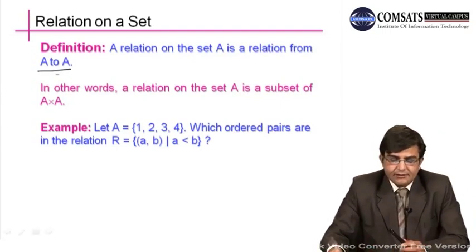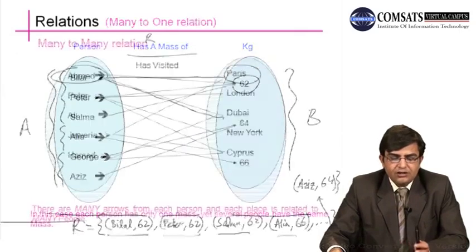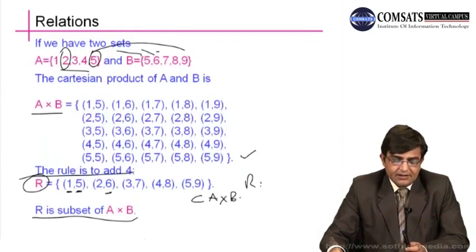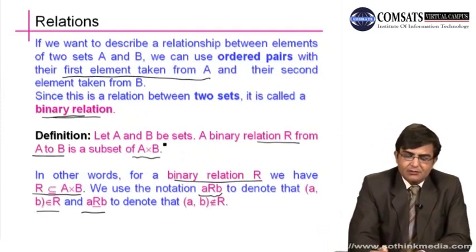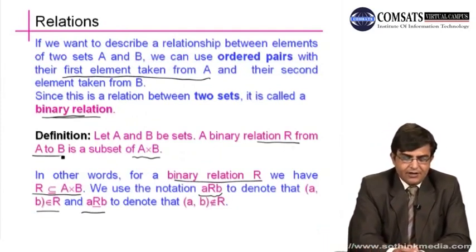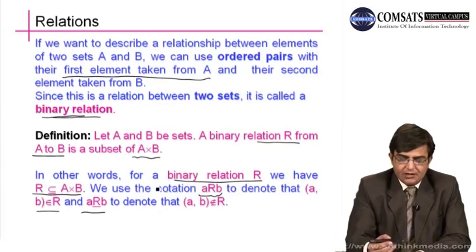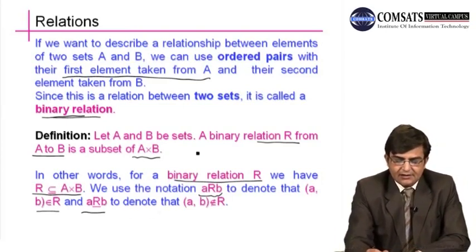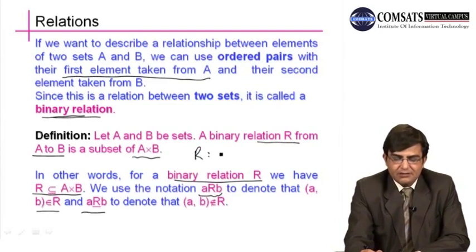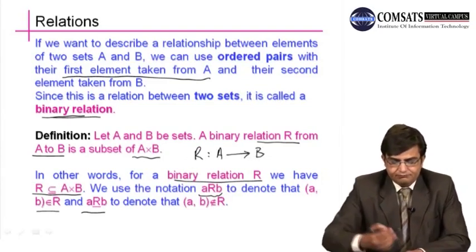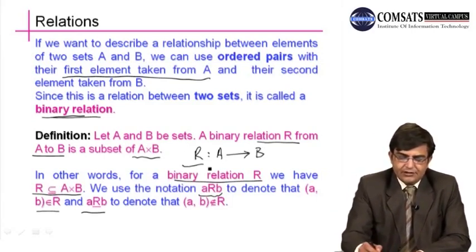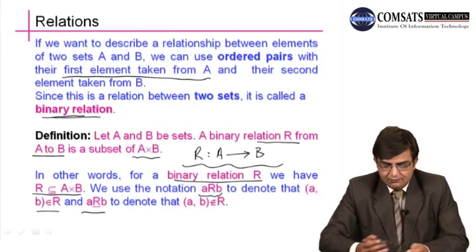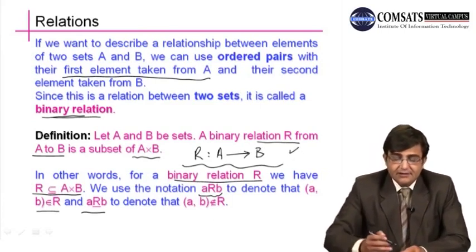In the previous relations, how did we denote the relation in the definition? Let A and B be two sets, a binary relation R from A to B. We denote it like this. A relation R from A to B, we denote it like this. So the relation between two sets is usually denoted like this.